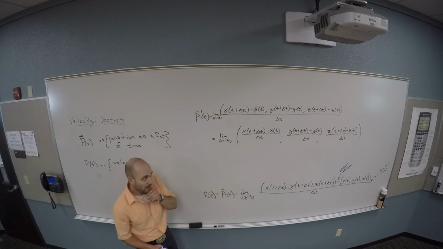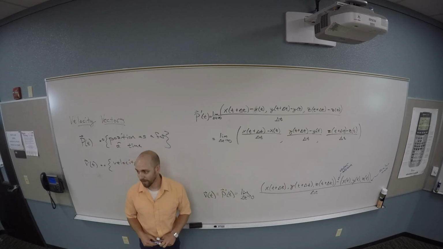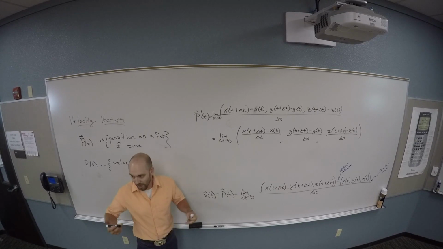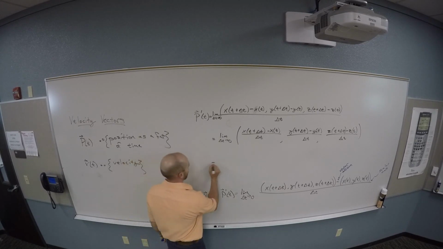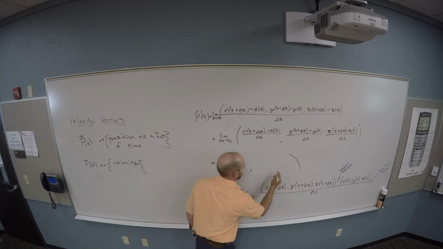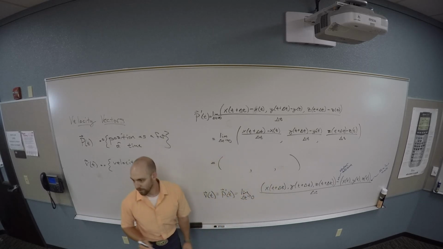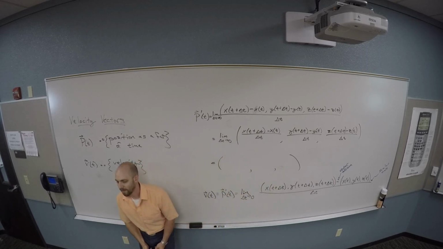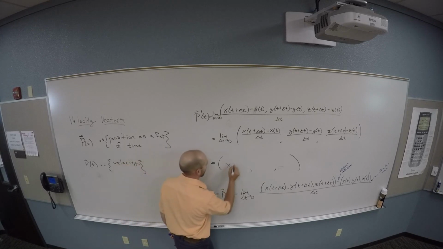Okay, so next step. What do you get? That's a vector, right? There's three things.